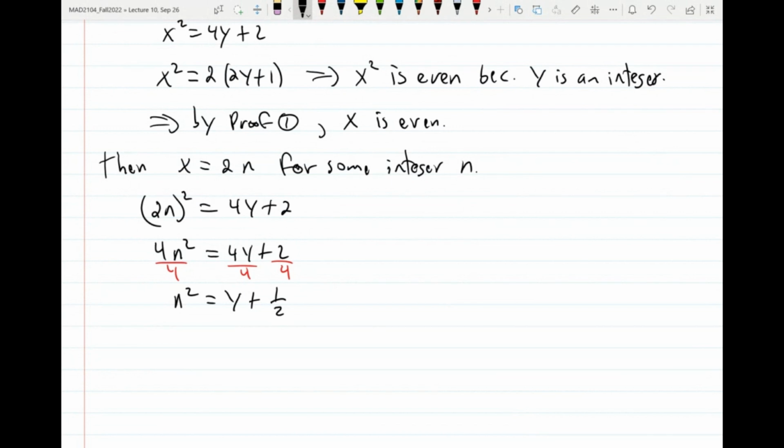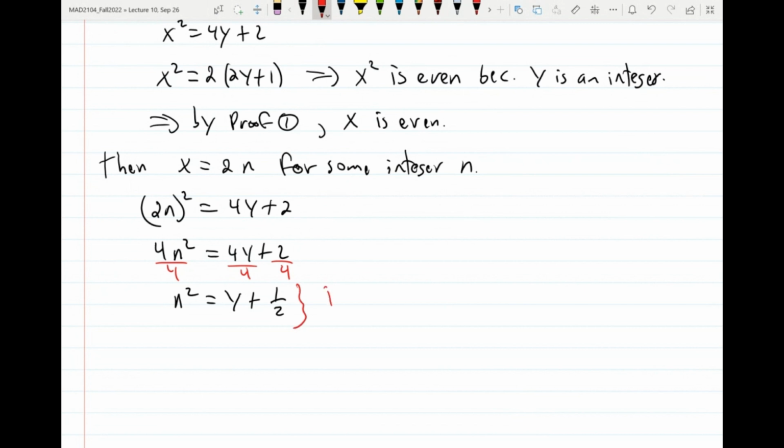Do you see what's going on here? What's happening? What is this? N squared. This is an integer. So we have, because n is an integer, square is an integer, right? So we have that an integer equals some integer plus a half. This is similar to the things that we saw at the beginning today. So an integer cannot be something 0.5, right? So this is a contradiction.